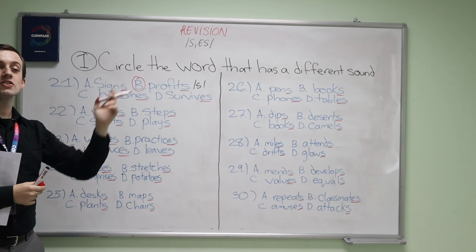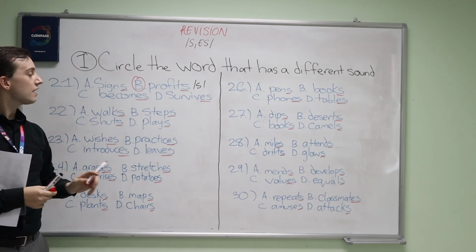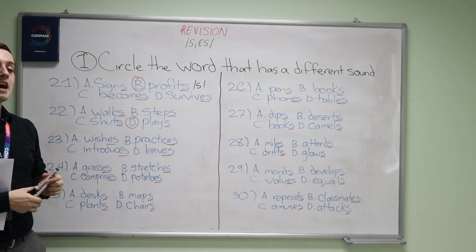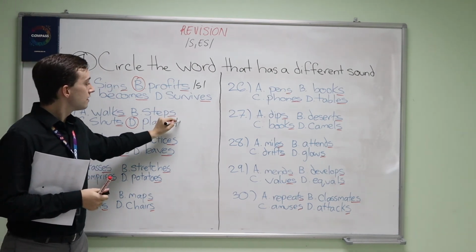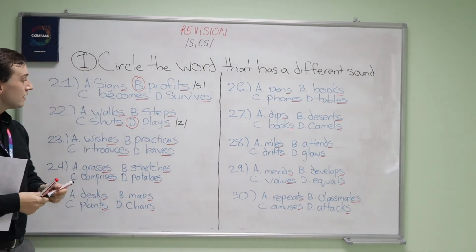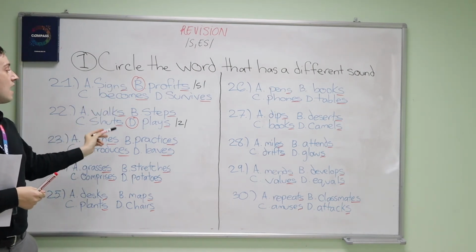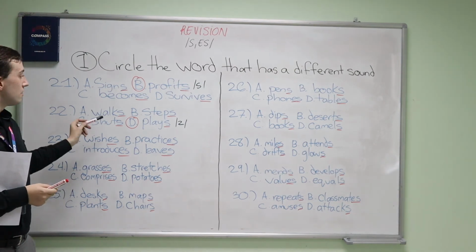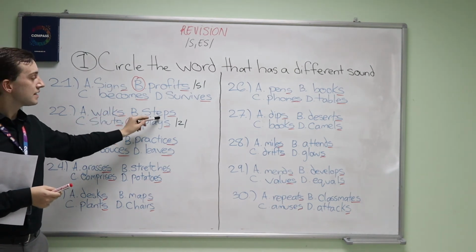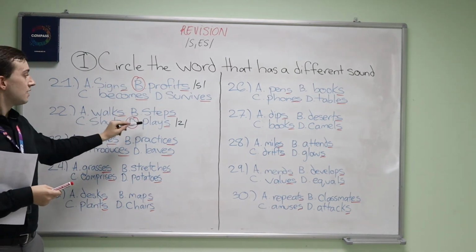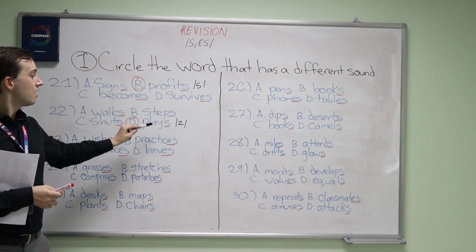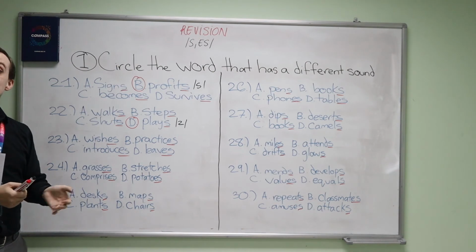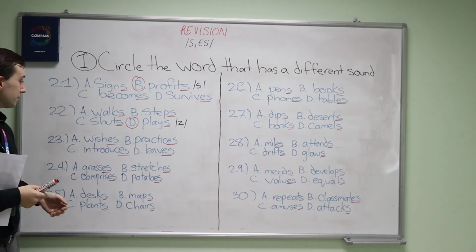In question 22, the different word is D, plays, because letter S makes the sound Z. But in A, B, and C, S makes the sound S. Walks, steps, shuts. Here, a different one. Plays.